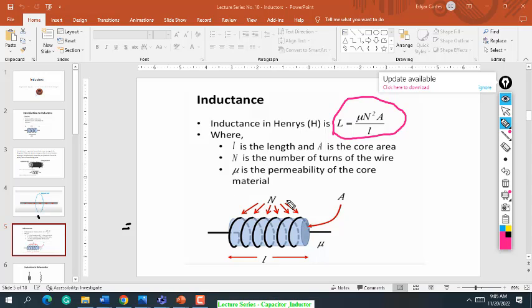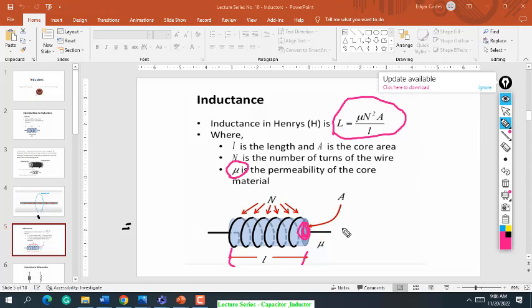For the inductor, mu refers to the permeability of the core material. This is the length. N is the number of turns, and A is the core area. So that is the core.